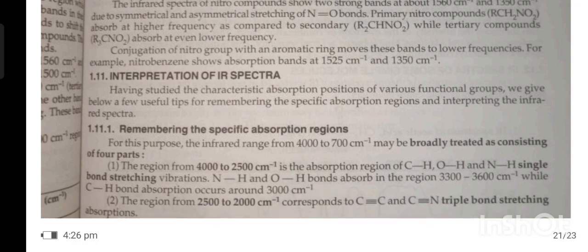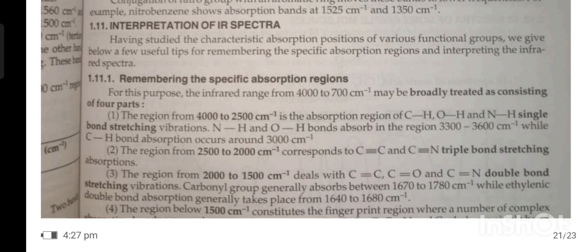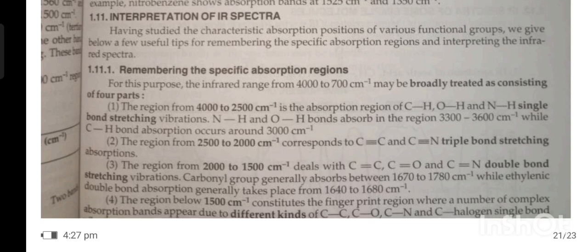Interpretation of IR spectra, having studied the characteristic absorption of various functional groups. We give below a few useful tips for remembering the specific absorption regions and interpreting the infrared spectra. Remembering the specific absorption regions. For the purpose, the infrared region from 4000 to 700 centimeter inverse may be broadly treated as consisting of four parts.